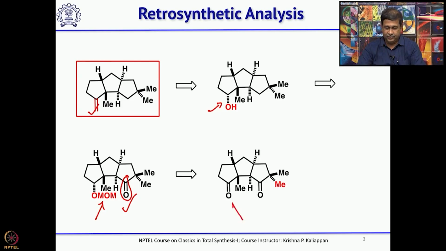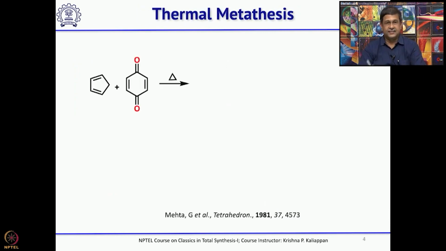So, you can see there are 2 carbonyl groups and one is in a highly sterically hindered position. So, one can easily manipulate the other ketone. That is what you have seen in this retrosynthetic disconnection, and this can be obtained from cyclopentadiene. Okay, so, this is so well known, but I will come to how he has done it.